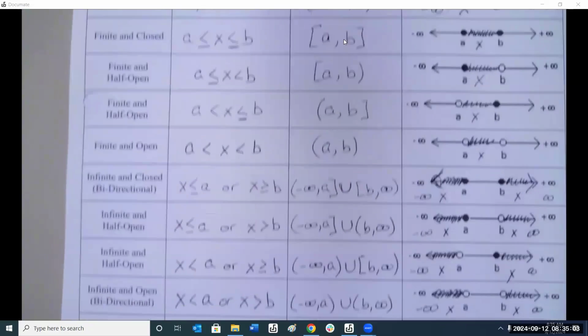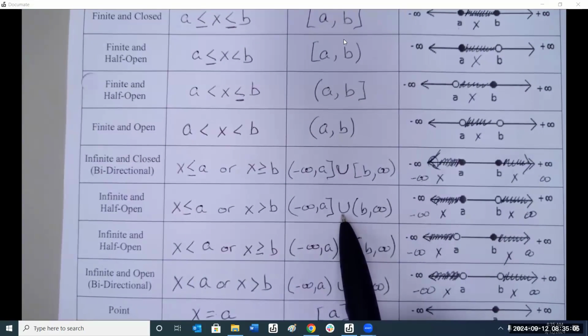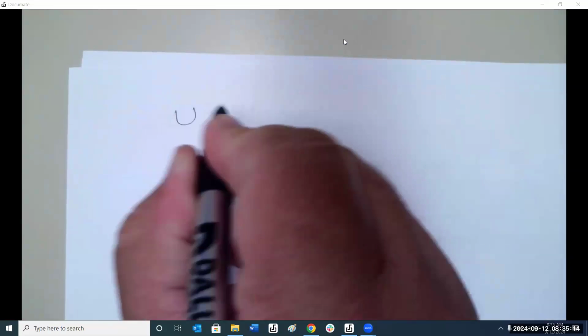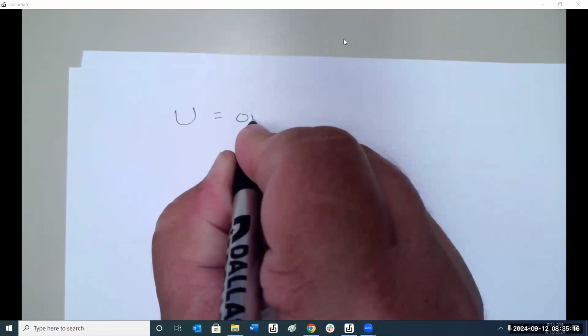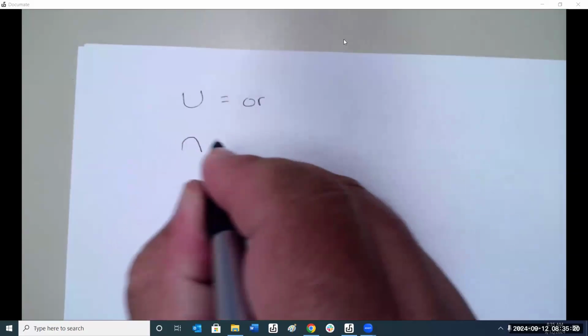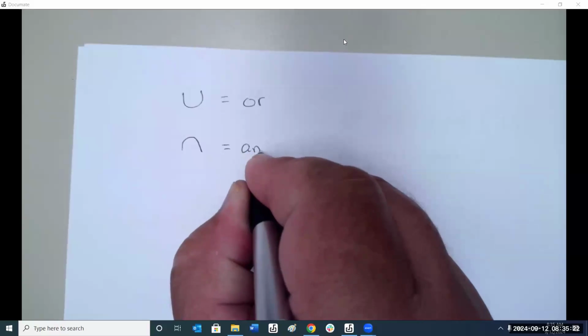So those are. Oh, I forgot to real quick. Since you guys introduced to me this symbol, what's the other symbol, since U means or, what's the other one, and?